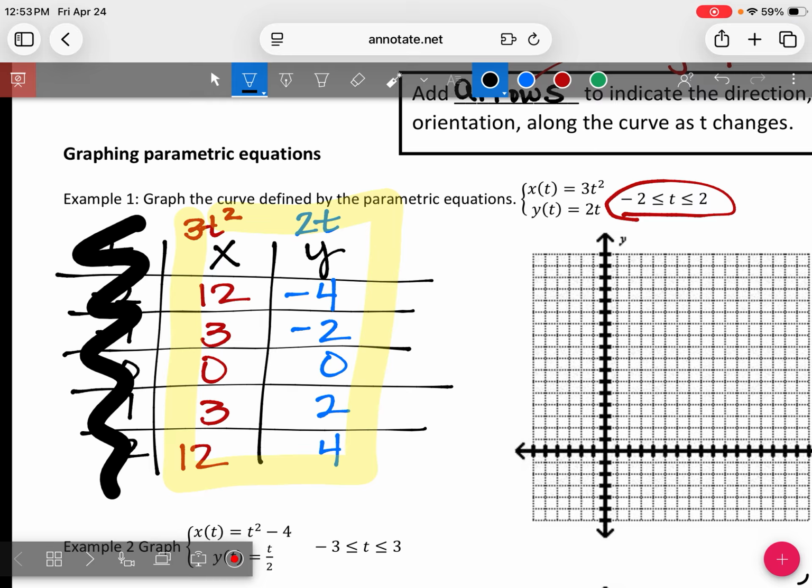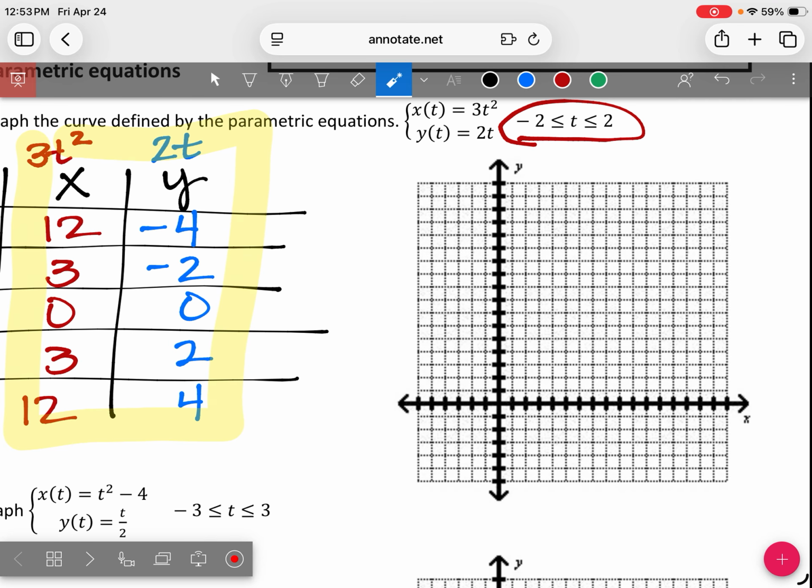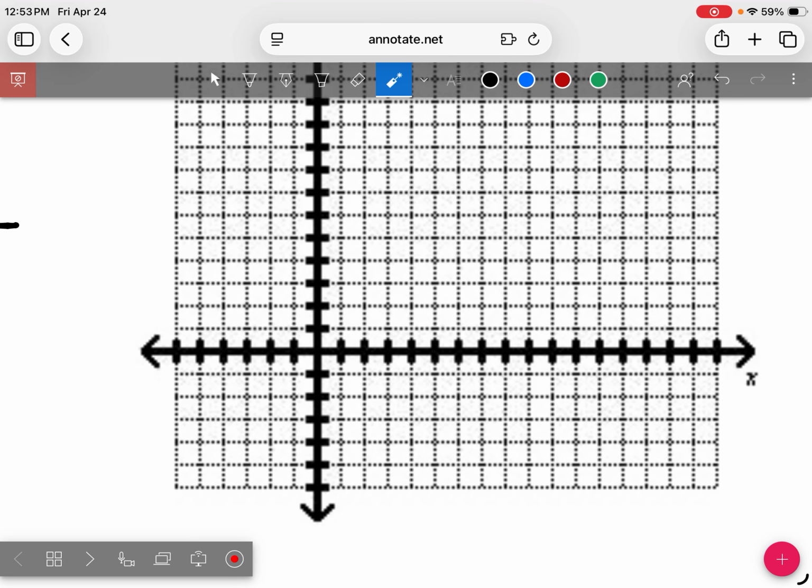So on our graph, I want you to put a point at 12, -4. Let's do that. So that would be right here.